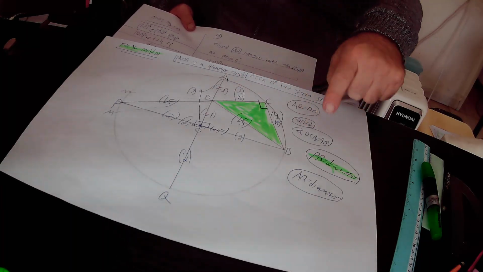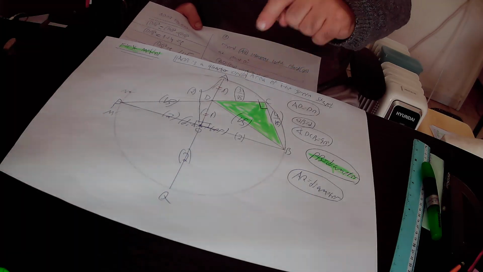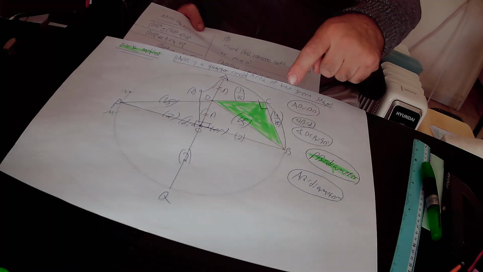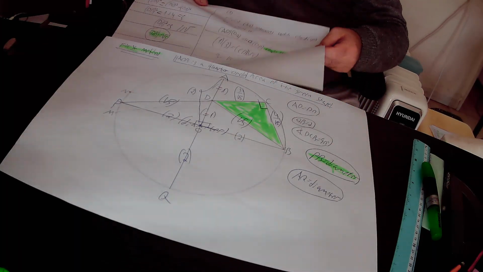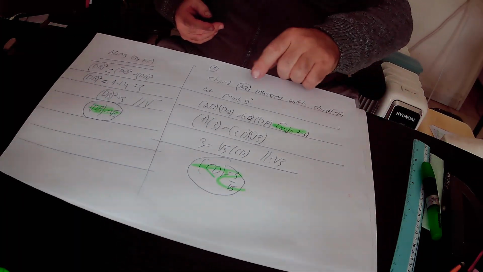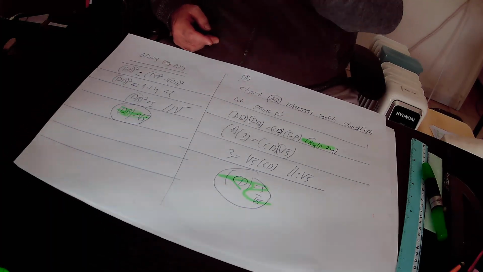DB is the missing side, and it equals DO squared. DO is 1, therefore DO squared is 1 squared, that is 1, plus OB squared. OB is 2, so OB squared is 2 squared, that is 4. So we found that DB squared equals 1 plus 4, that is 5.